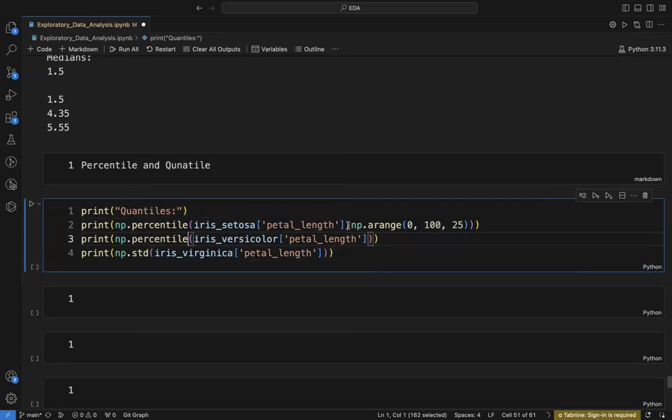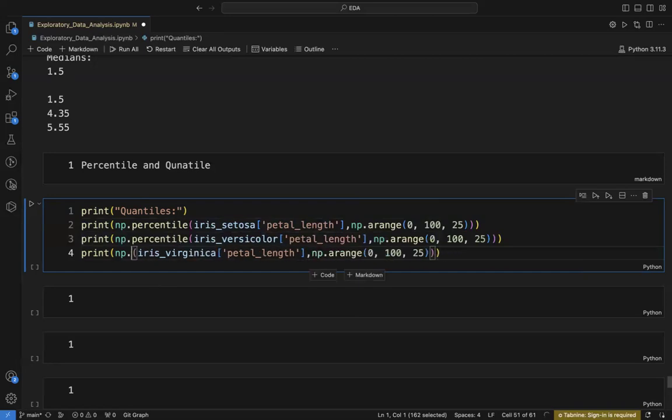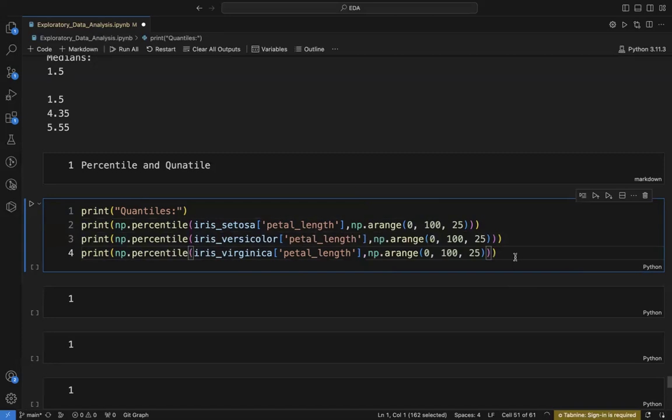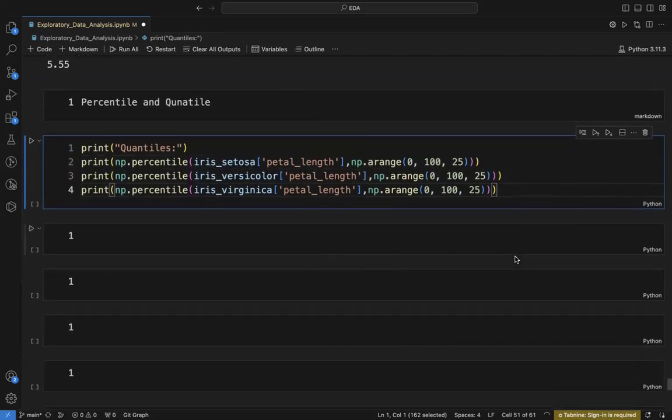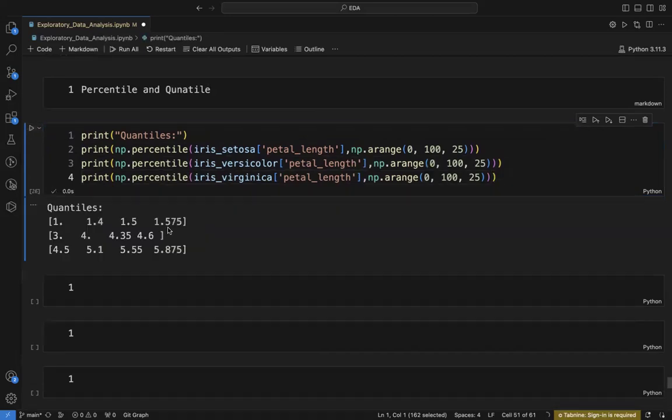Then I'm just copying this same line and pasting it here, and instead of std, write percentile. So this is very simple code. Now let's run this code and see what I am getting.